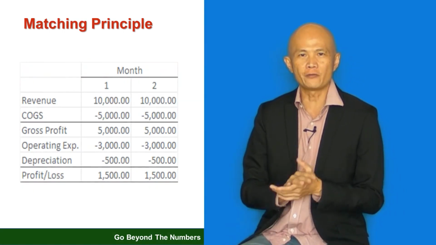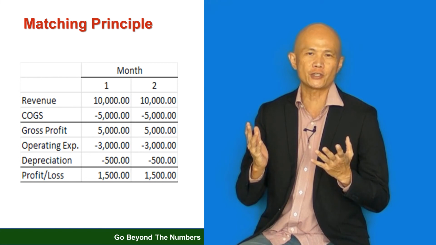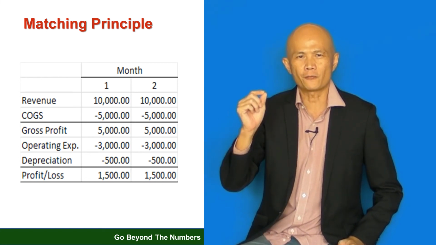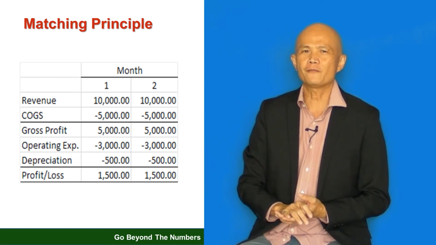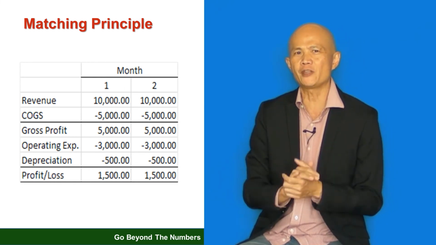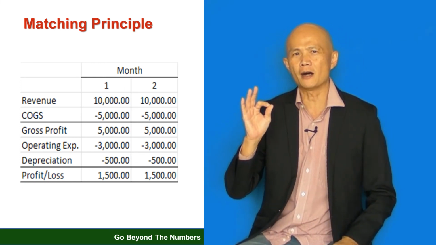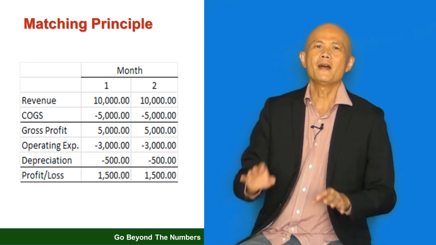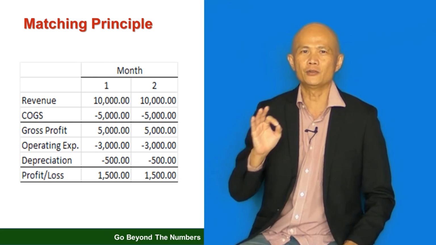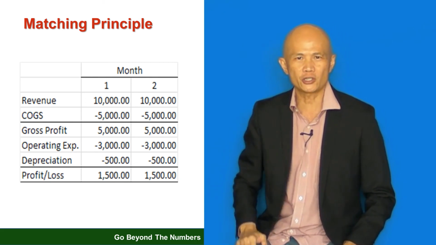And if we put the depreciation in here, we'll see that the income statement changes. Now we have $10,000 of revenue on this illustration, $5,000 of cost of goods sold, and we have $5,000 of gross profit, $3,000 of operating expenses, and then $500 each in those months for depreciation.